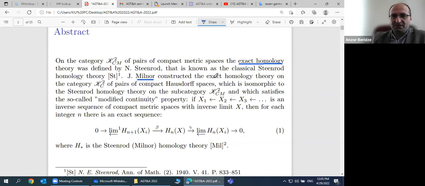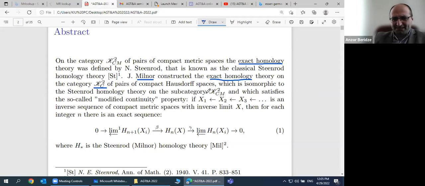And it is interesting that Milnor constructed exact homology theory on the category of compact Hausdorff spaces, and Steenrod's homology theory was constructed only for compact metric topological spaces. So Milnor somehow generalized this homology theory and gave the axiomatic characterization of it.